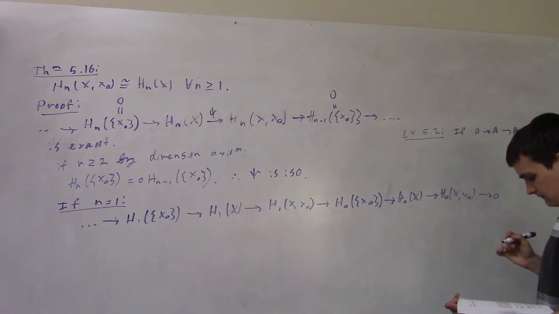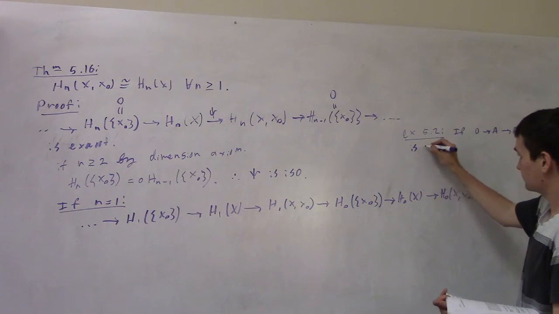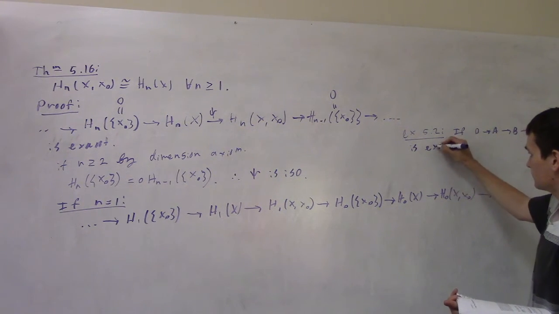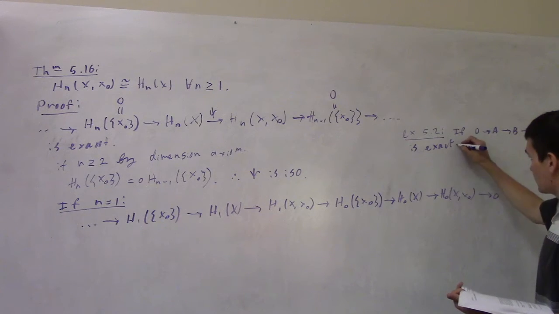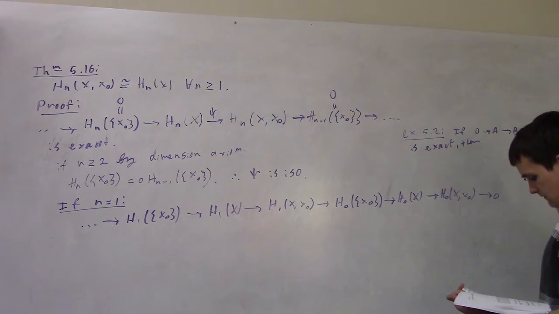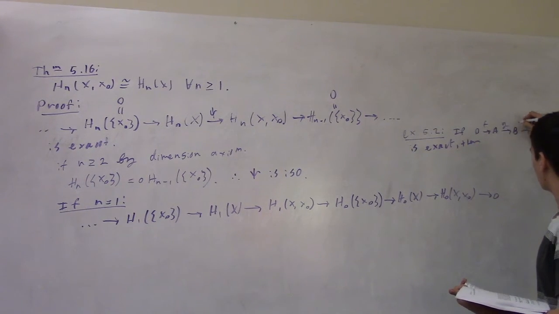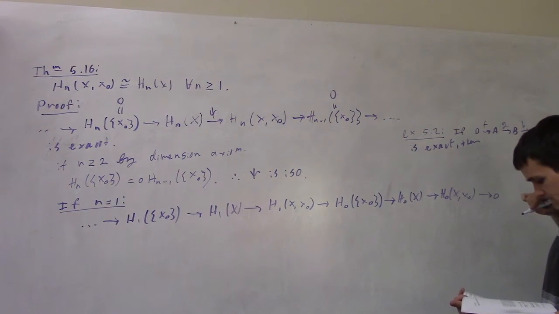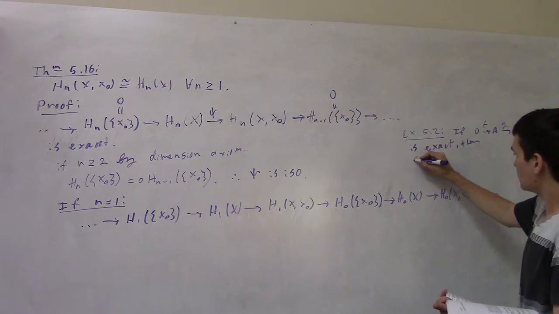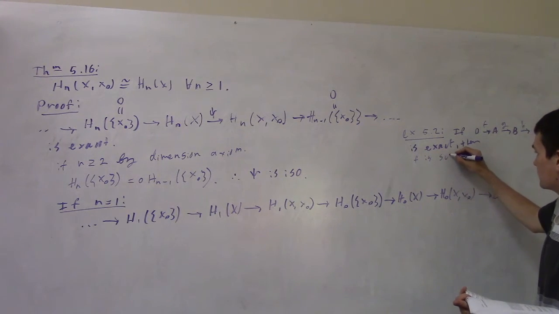It's Z? That's wacky. So you're going from Z to H1 of x to H1 of x, x naught, back to 0. What's H0 of a point? Yeah, it's Z again.